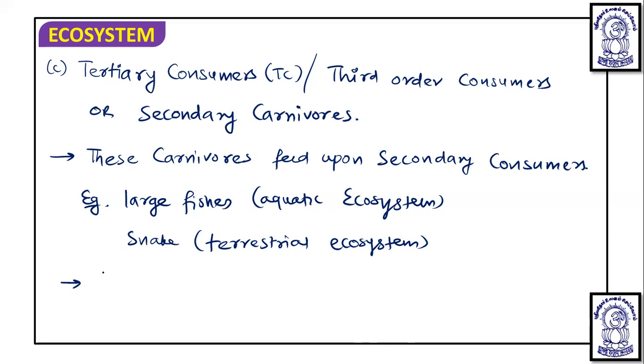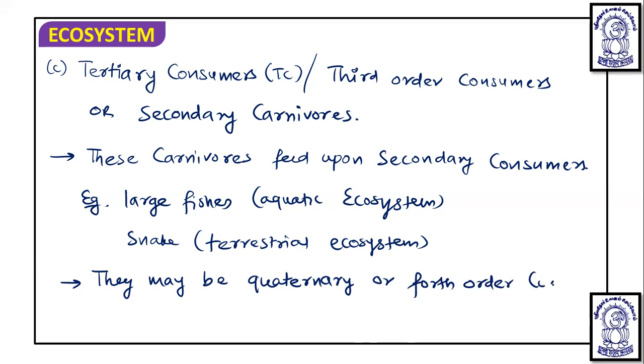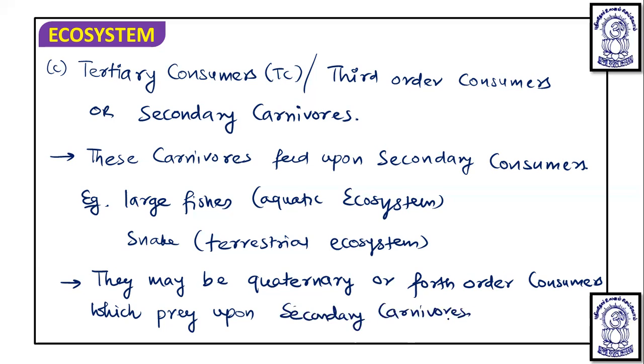These tertiary consumers, or secondary carnivores, may act as quaternary or fourth order consumers which prey upon secondary carnivores.